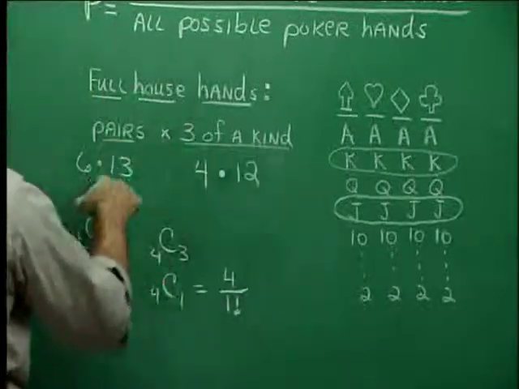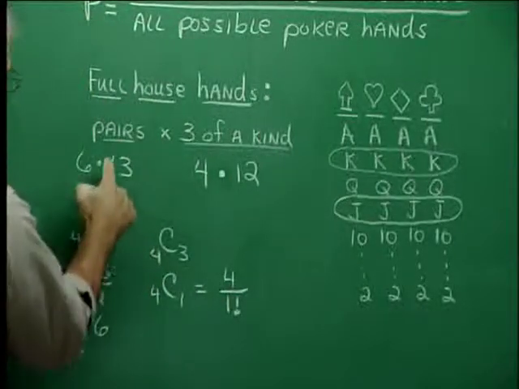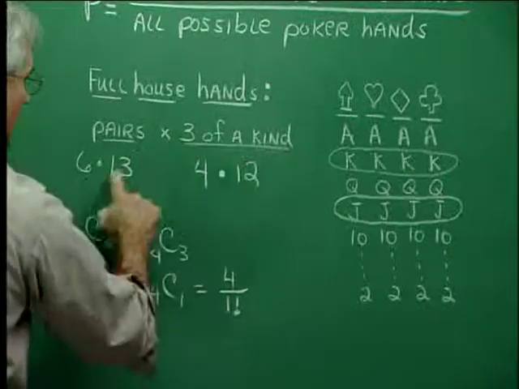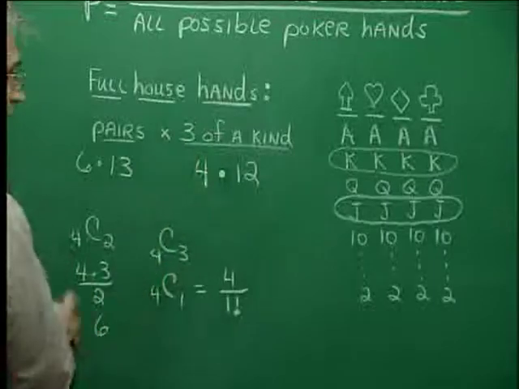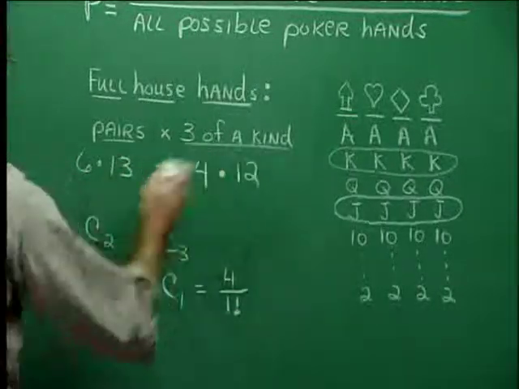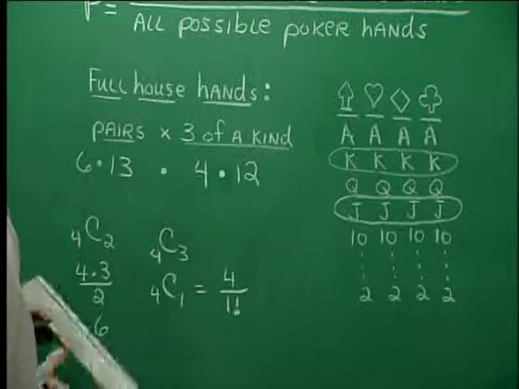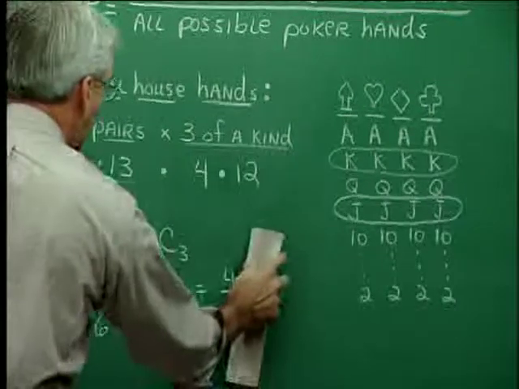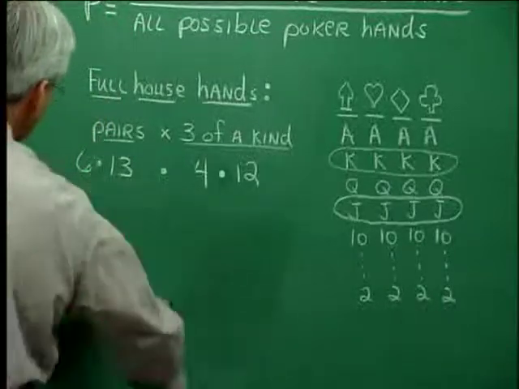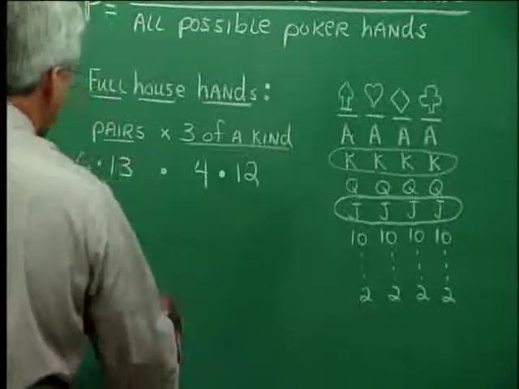But then we would come over here and say, then this would be 6 times the 12. So the 13 and the 12 go in one of the other positions. At any rate, we multiply these various factors, and we find that the number of full house hands turns out to be 3,744.